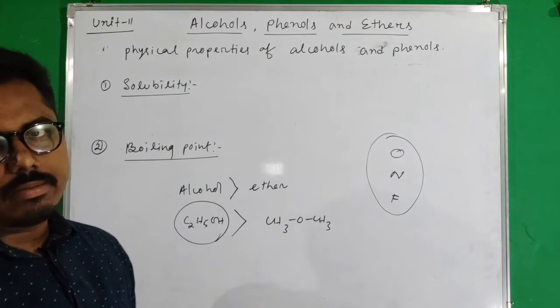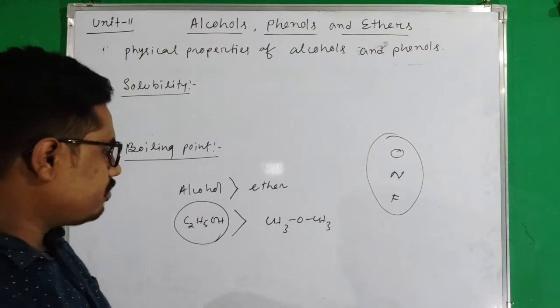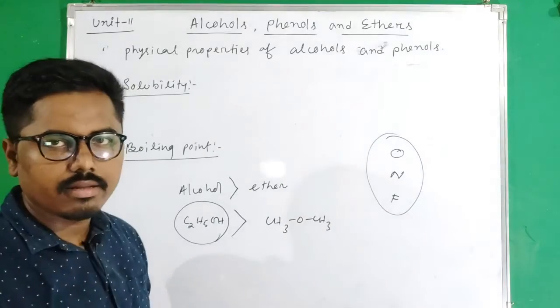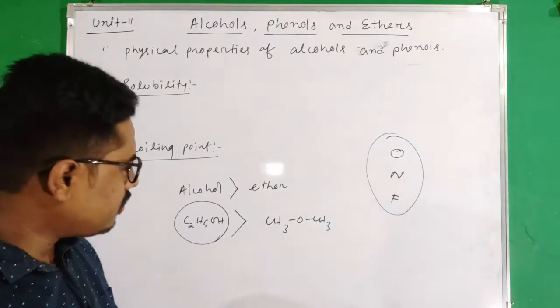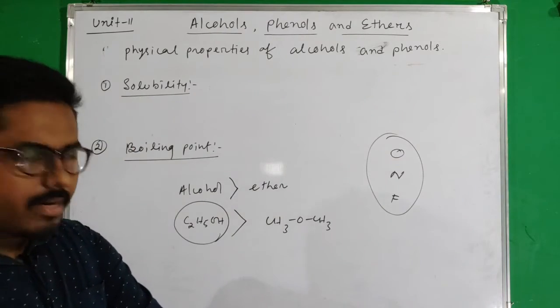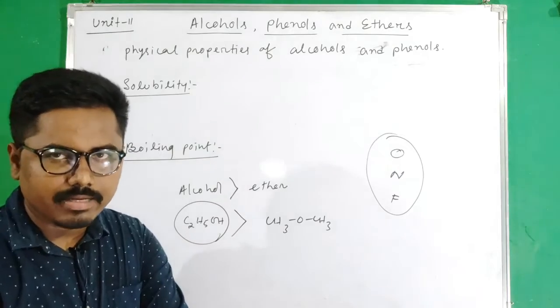So in exams, if a question is asked why the boiling point of ethanol is higher than methoxymethane, explain. So you have to write that in case of ethanol intermolecular hydrogen bonding is present, but in case of methoxymethane intermolecular hydrogen bonding is not present.